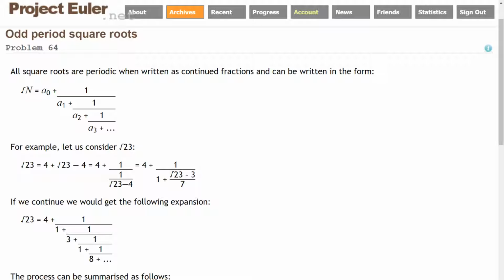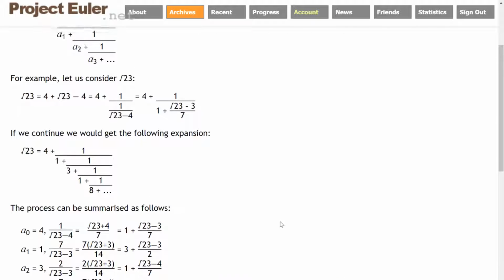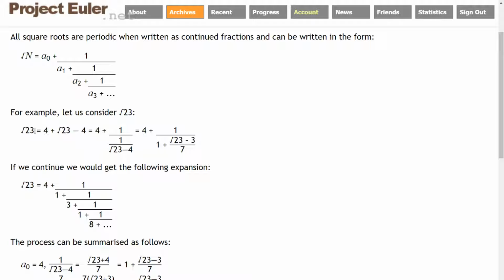What am I missing? This passage is not clear for me, from here to here. Well, I think he's trying to transform the 23 into this form, into the top form.